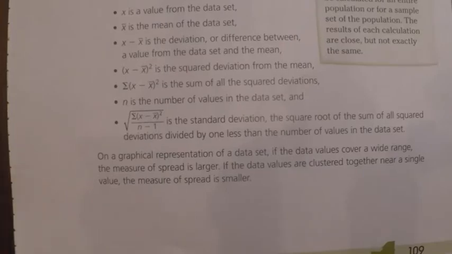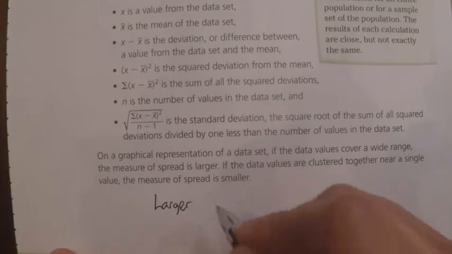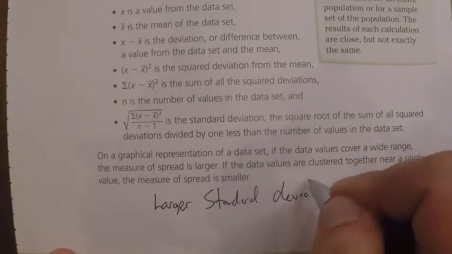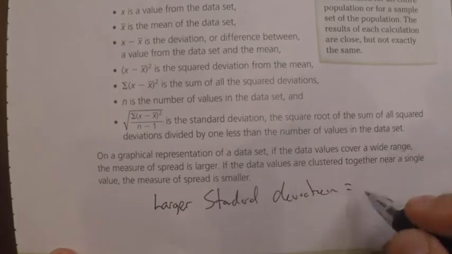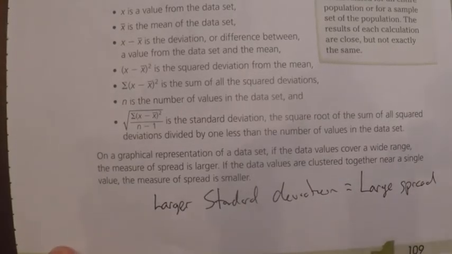So our standard deviation is going to be larger, right? So the standard deviation, larger standard deviation equals a large spread. So if our data is spread out, we have a larger standard deviation.